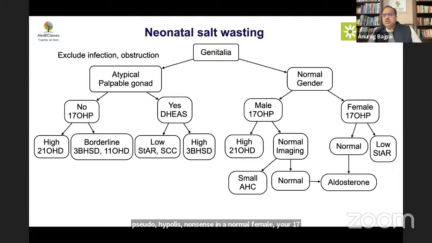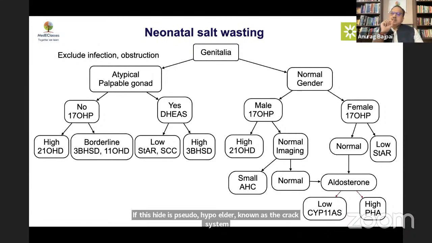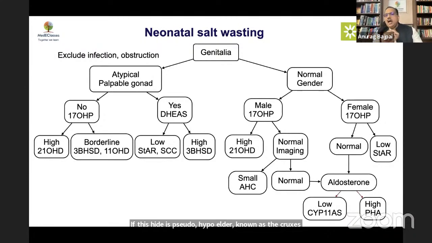If 17-OHP is normal, then you go ahead with evaluation for the rarer forms of hypoaldosteronism. And in that, you look at aldosterone. If it's low, it is a synthesis defect. If this is high, it is pseudohypoaldosteronism. The crux is to look at genitalia. Then, depending upon the genitalia and the gender, you can decide about workup for AHC and 21-hydroxylase in a normal male, and then only go ahead with the rarer forms of pseudohypoaldosteronism in that perspective.